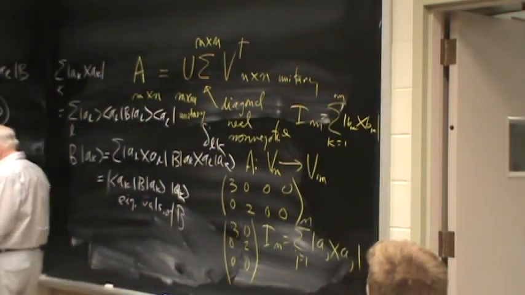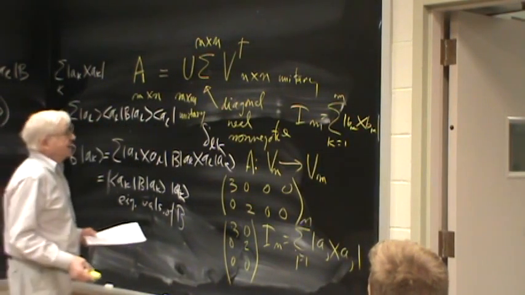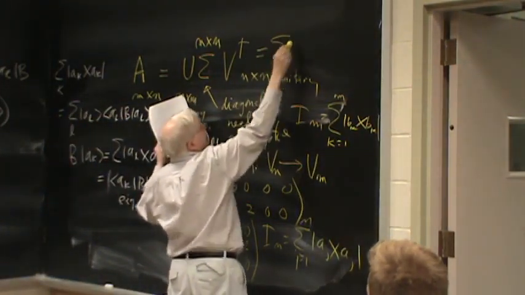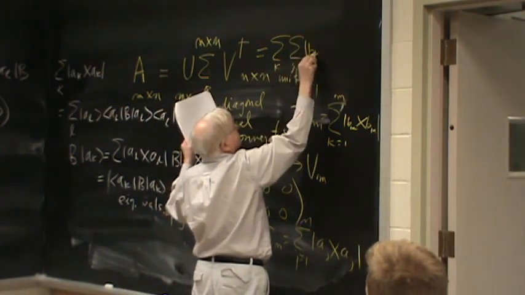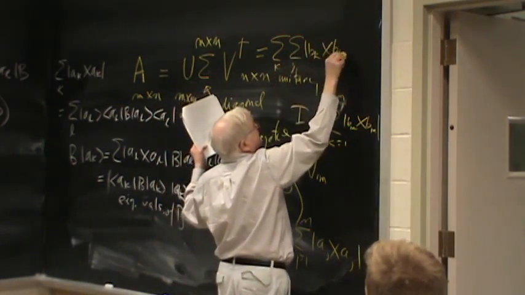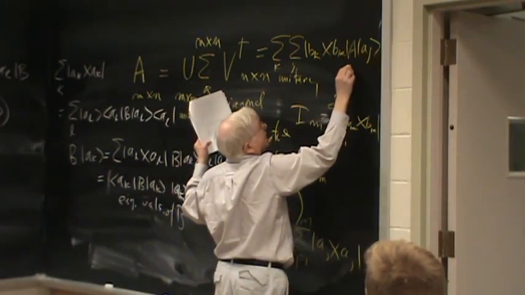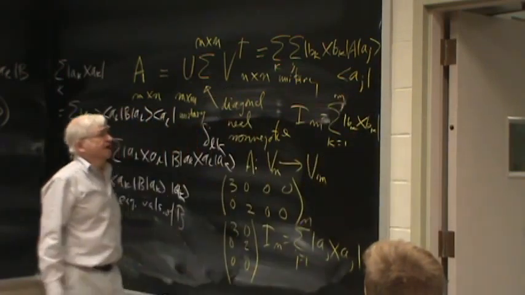Okay. And in any of these bases, let us write the operator A as a sum on k, a sum on j, of |bk⟩⟨bk|A|aj⟩⟨aj|.